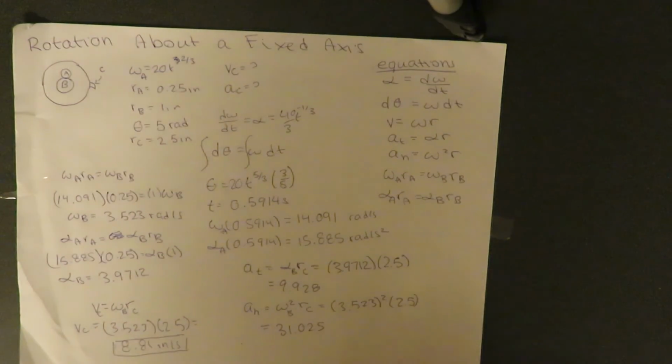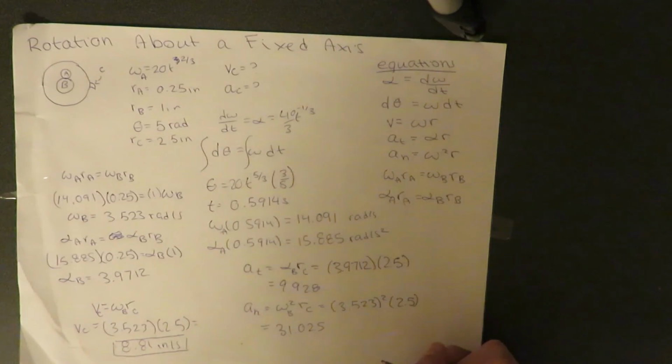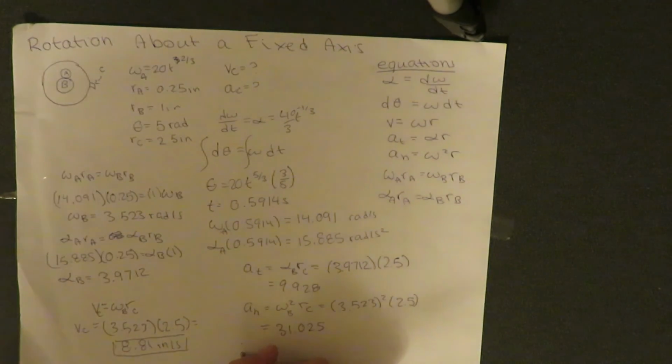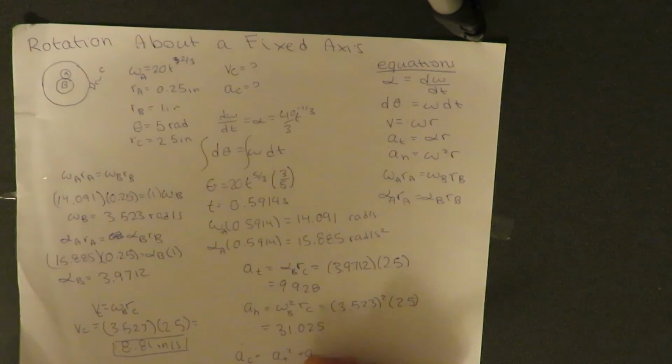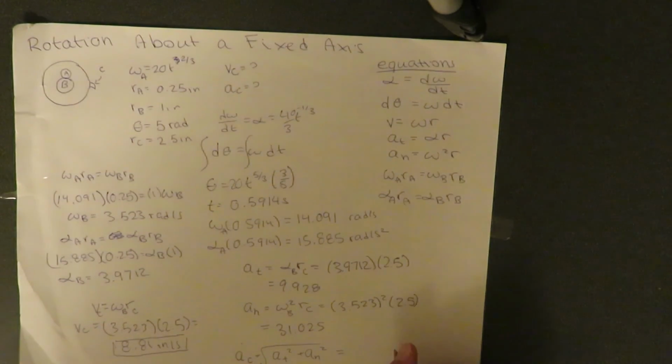Now the question actually asked for the magnitude of the acceleration, but that's not too hard. That just means that our AC is equal to our tangential acceleration squared plus our normal acceleration squared, all square rooted. And if you plug that in, it gives you 32.6 inches per second squared, and that is your other final answer.